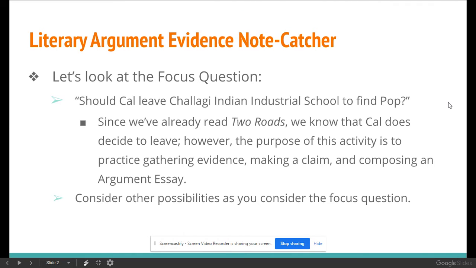So the focus question is, should Cal leave Challagi to find Pop? We already read Two Roads and know that Cal does leave Challagi to go find Pop. We are going to be doing this so that we can gather evidence, make a claim, and compose an argument essay.